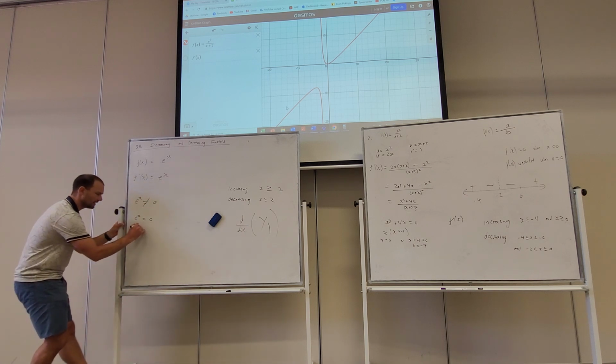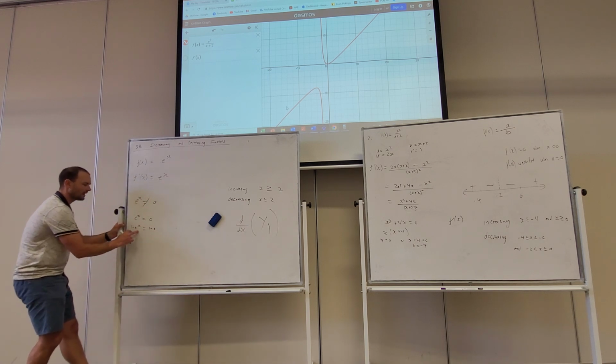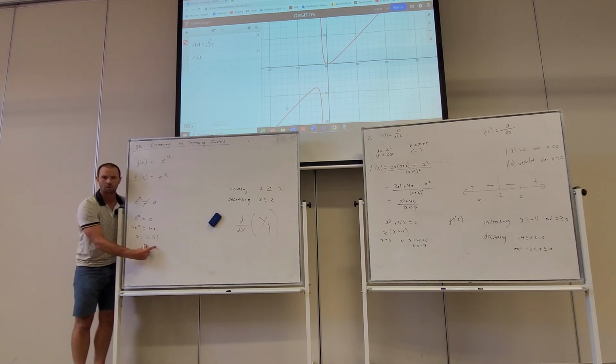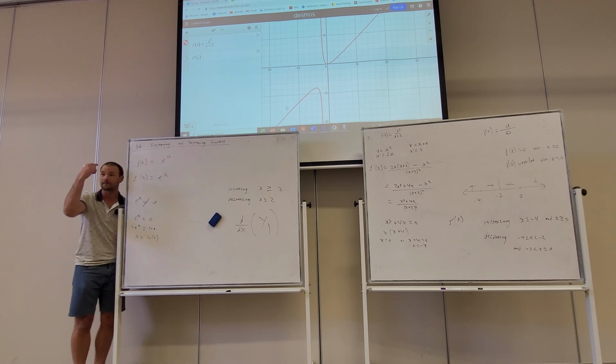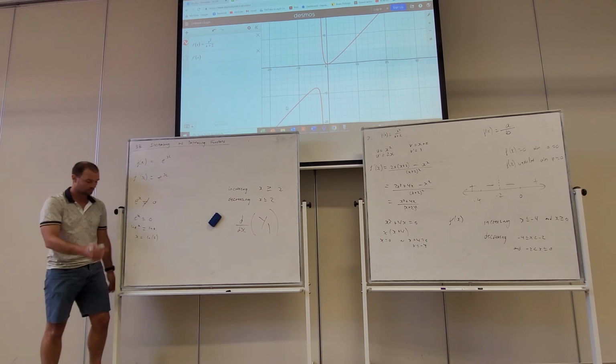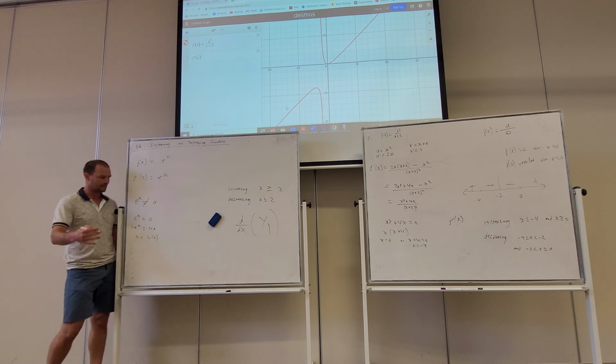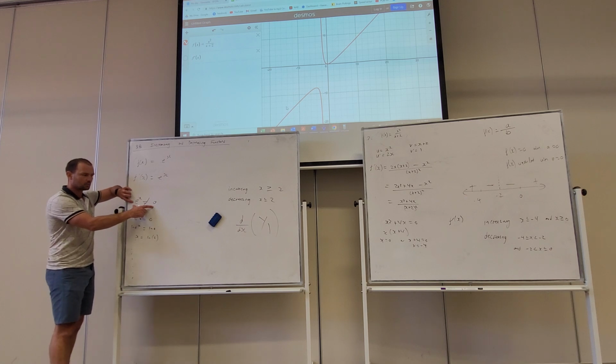So you'd go ln e to the x equals ln of 0. And here you're going to get x is ln of 0. ln of 0 does not exist. Okay, there's no such thing as the natural logarithm of 0. If you think of the logarithmic graphs that we did in exercise 1c, there's an asymptote at x is 0. They don't exist there. So e to the x never equals 0.